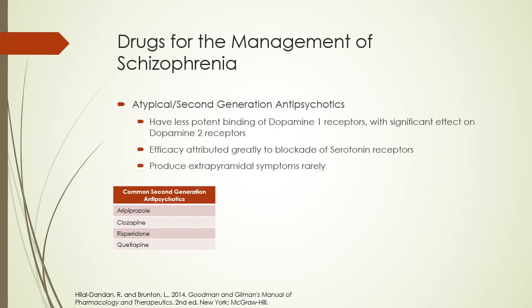Okay, the atypical or the second generation antipsychotics. The pharmacodynamics. So, the special pharmacodynamic properties of second generation antipsychotics are less potent binding to dopamine 1 receptors compared to the typical antipsychotics.